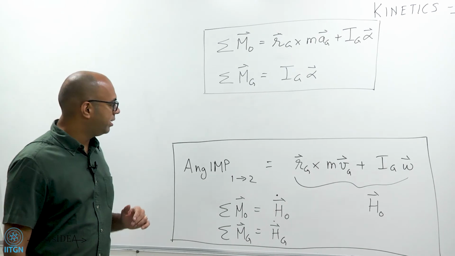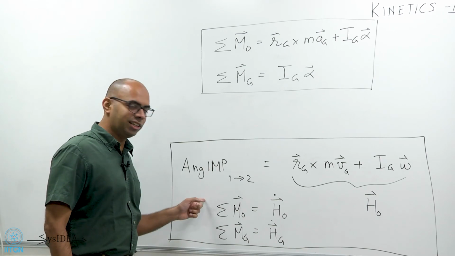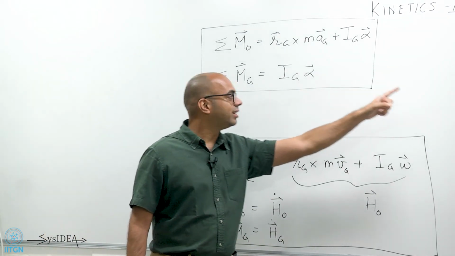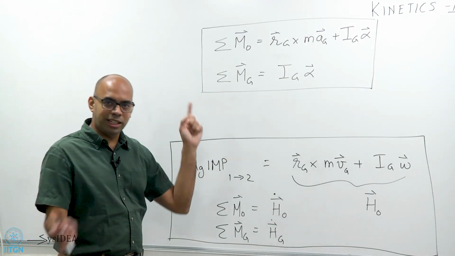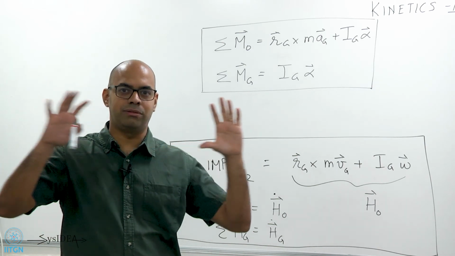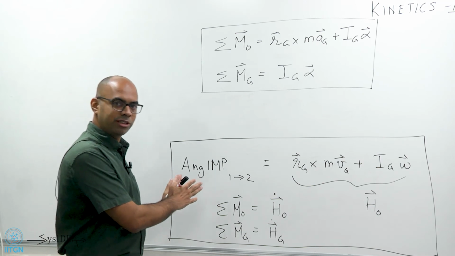So I think what is important while you're studying this is you study a little bit of angular momentum, then you solve a problem related to F equals ma, then you study a little bit of, so there's a lot of cross-linking that needs to happen in your mind for you to be able to have a bigger picture view of these concepts, rather than very niche view about these concepts.